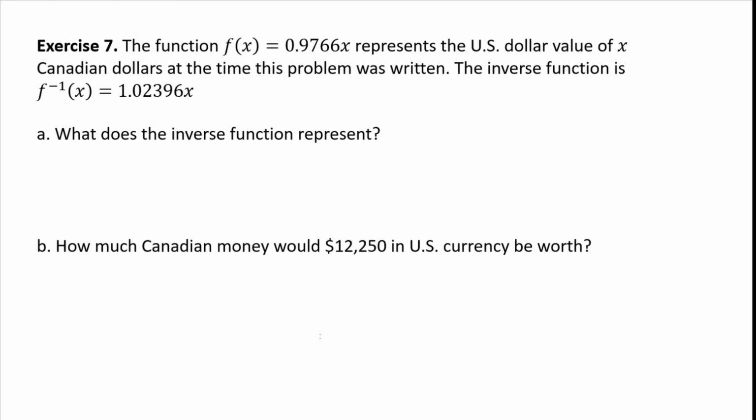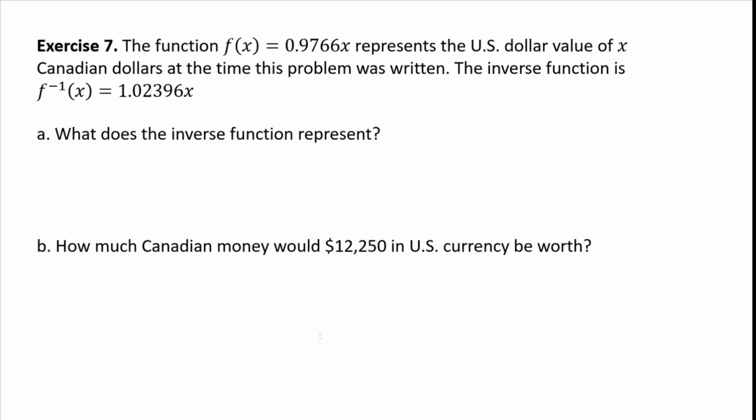The function f of x equals 0.9766x represents the US dollar value of x Canadian dollars at the time this problem was written. The inverse function is f superscript minus 1 of x equals 1.02396x.